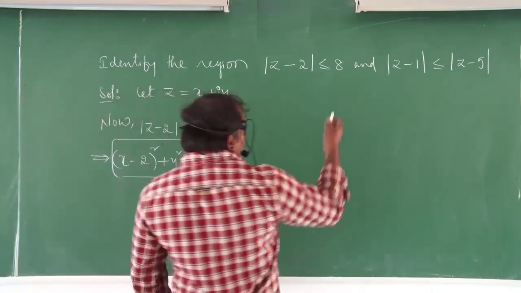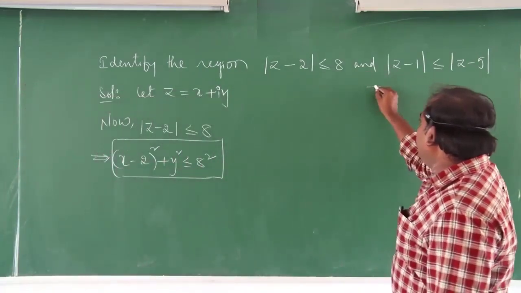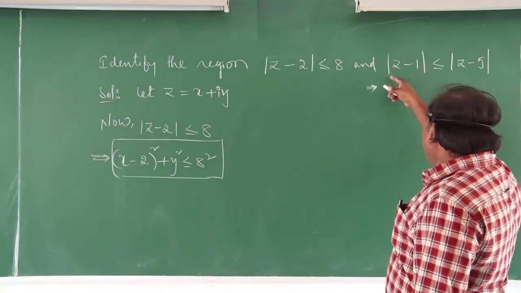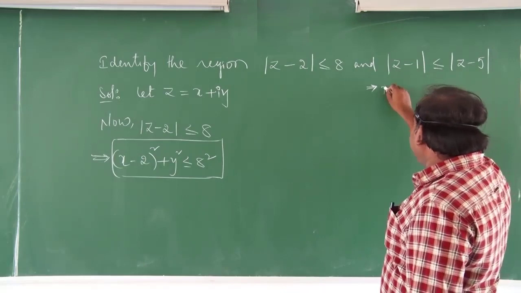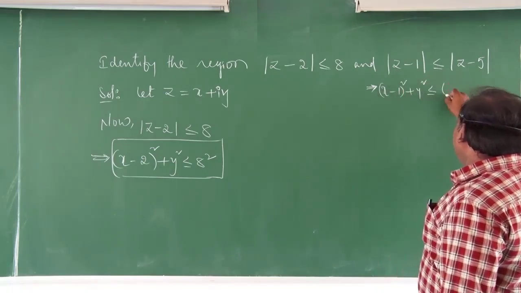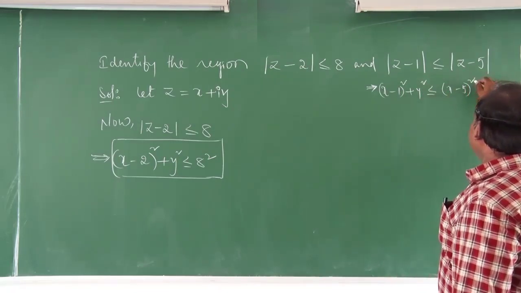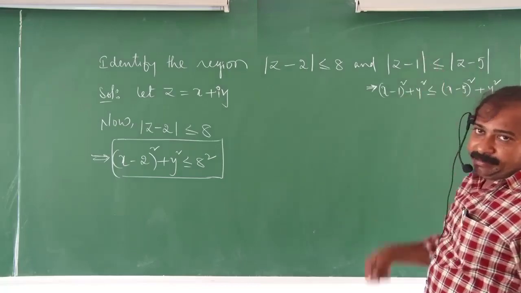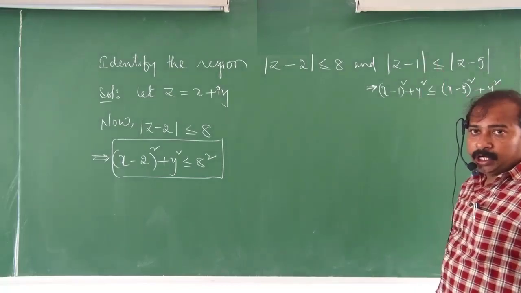Now if you simplify this, modulus of z minus 1 means (x minus 1) whole square plus y square less than or equal to (x minus 5) whole square plus y square. Directly I am writing; now you have got one idea, no?